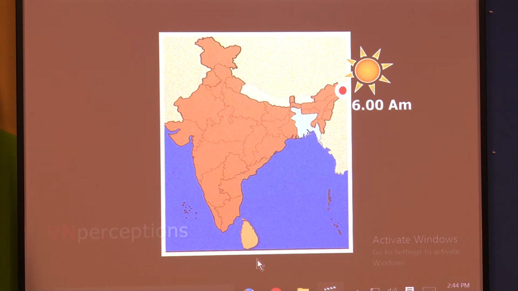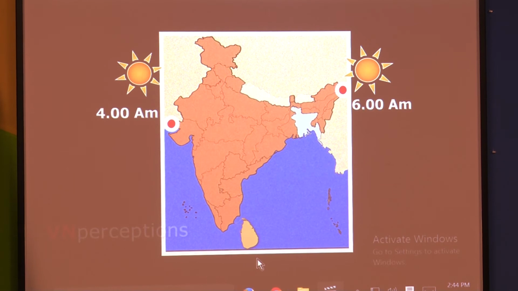After 2 hours, on the western end of India, people will see sunrise, because the longitudinal extent of India is 30 degrees, and the earth travels 15 degrees in 1 hour. So for 30 degrees it is going to be 2 hours. So in terms of local time there will be a difference of 2 hours.